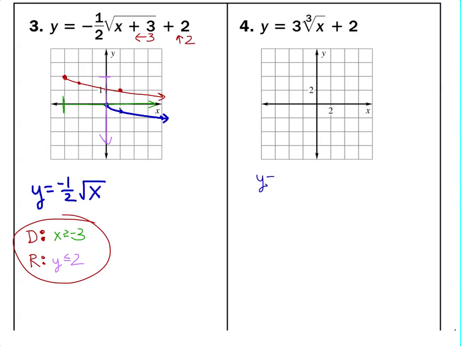The idea is to go ahead and graph that simpler cube root first. So it's 3 times the cube root of x. Now, cube root goes through the origin, and then normally has the point 1, 1, but because of that 3, it'll have the point 1, 3, and -1, -3.